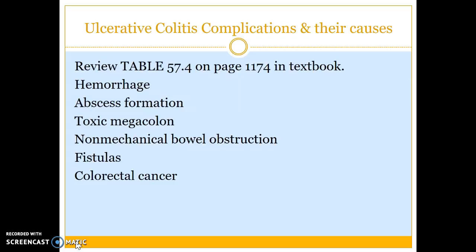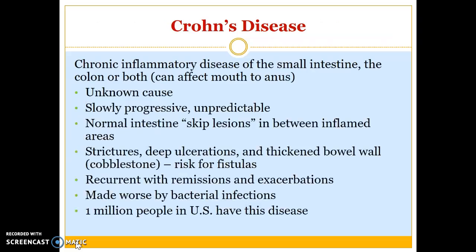They can have fistulas, which we're going to see some pictures of here soon. And patients who have ulcerative colitis are at a very high risk for developing colorectal cancer later in life.